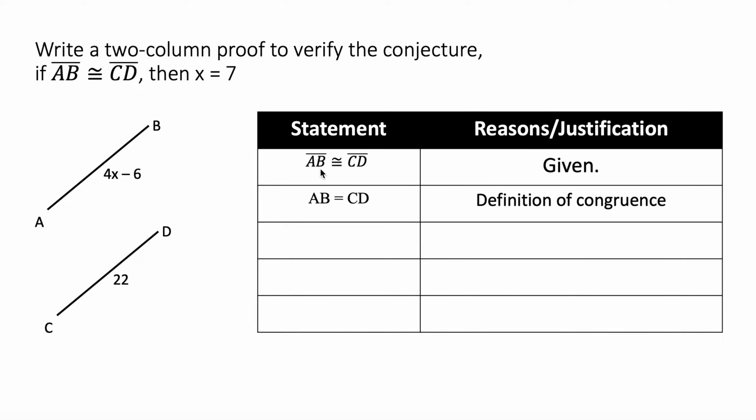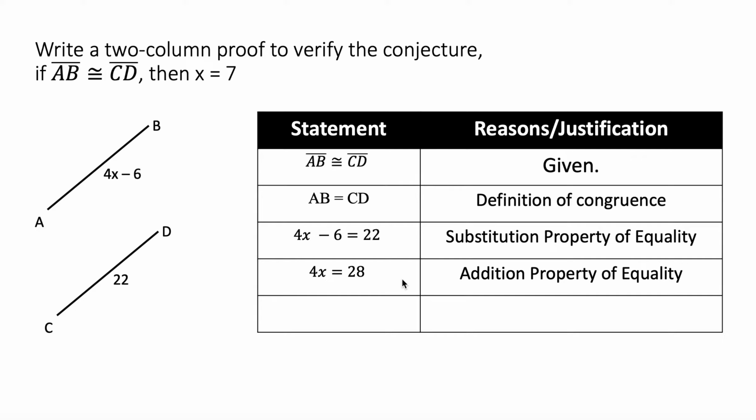We want to get away from congruent to an equals, because then once we have equals, we can do some substitution of algebraic terms and numbers and make it much easier. Now we want to get rid of this minus 6 here, so we use the addition property and the substitution property in simplifying it. And then to get rid of the 4, we divide by 4, so division property. And once we've divided, we simplify, so substitution property. You don't need to write substitution property for these. I'm just telling you.